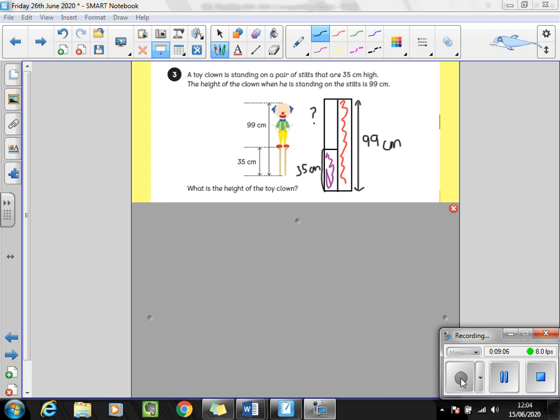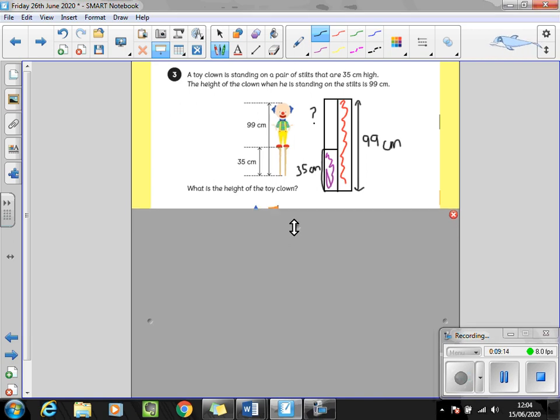Okay, so I've had a go at drawing you a bar model, but vertically this time, to see if that helps you answer the question. Again, we'd expect you to be using column subtraction for this one because this question doesn't require exchanging and renaming. So let's have a go together. Now we know that the complete height of the clown when he's standing on the stilts is 99 centimetres.